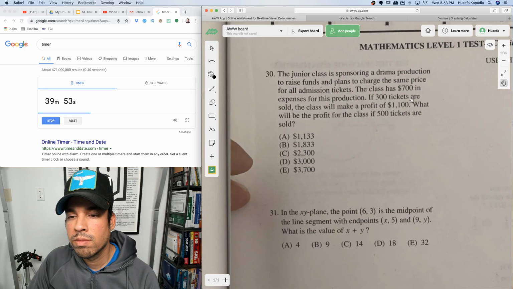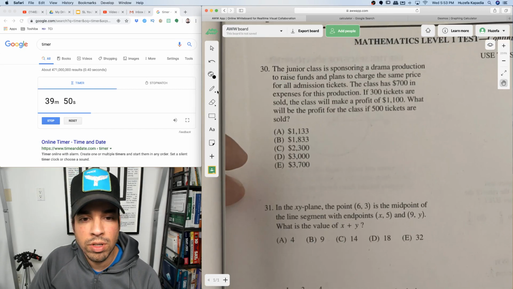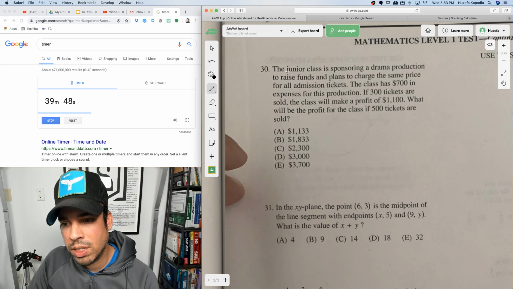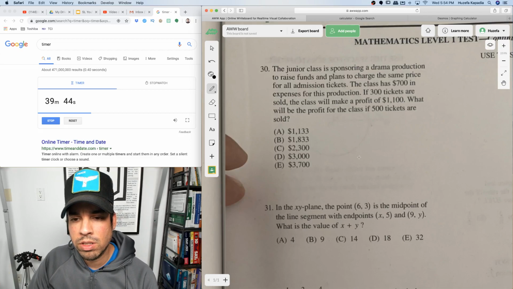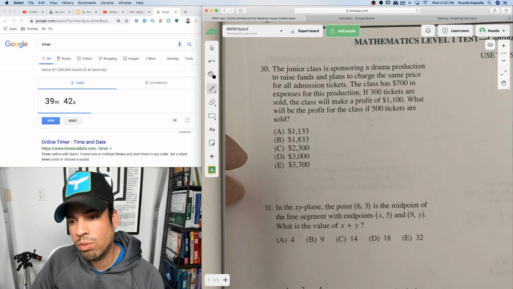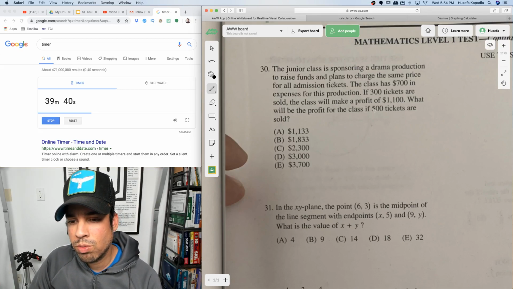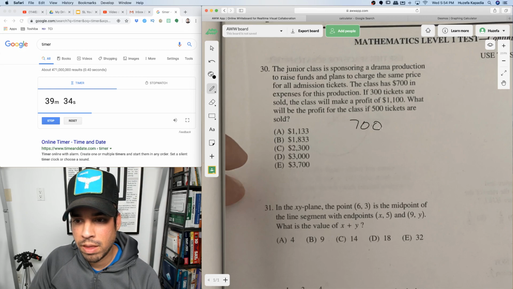The junior class is sponsoring a drama production to raise funds and plans to charge the same price for all admission tickets. The class has $700 in expenses for this production. If 300 tickets are sold, the class will make a profit of $1,100. Hold on.